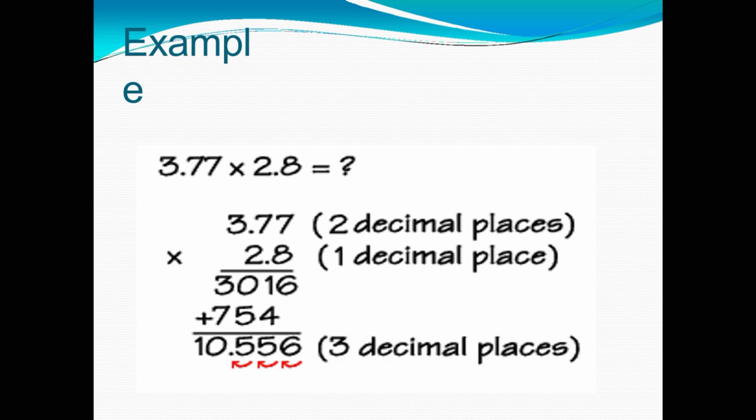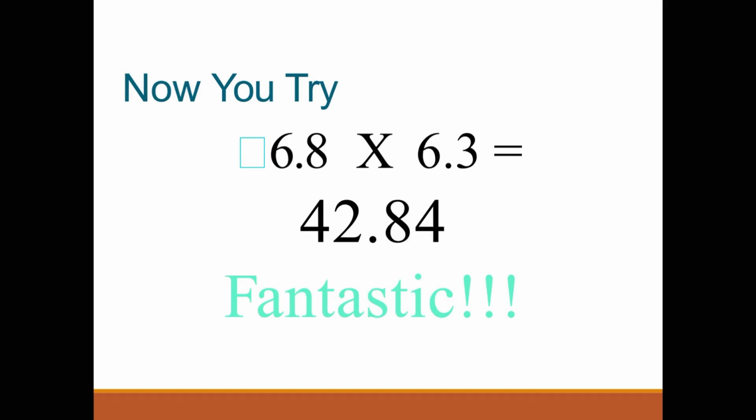And finally, you add both of these, and from the right side you obtain 655.01. That is, in the final result we obtain 3 decimal places. Now you can try 6.8 multiplied by 6.3. The result will be 42.84.